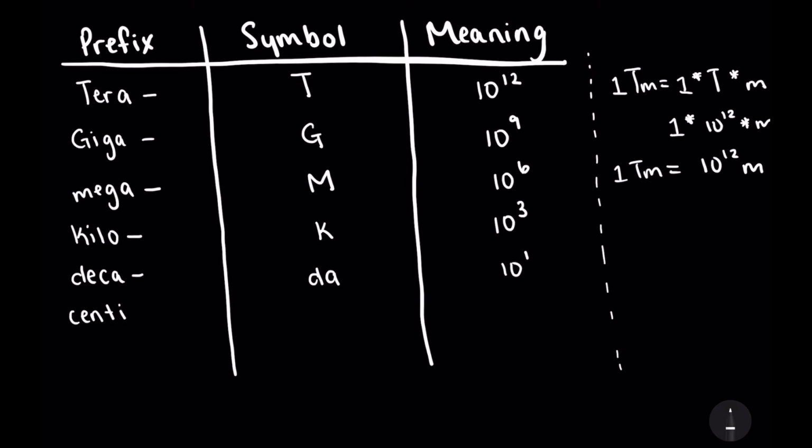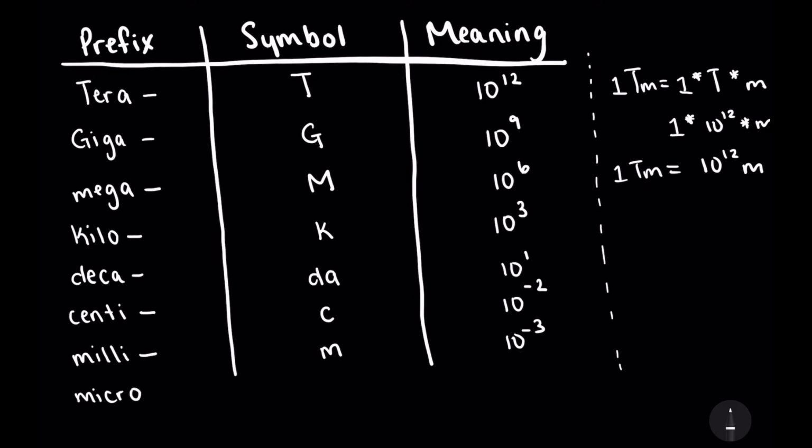Centi, which you will definitely see on the exam, is a common C, and it means 10 to the minus 2. Milli, which is a common M, you'll also definitely see this one, it's 10 to the minus 3.